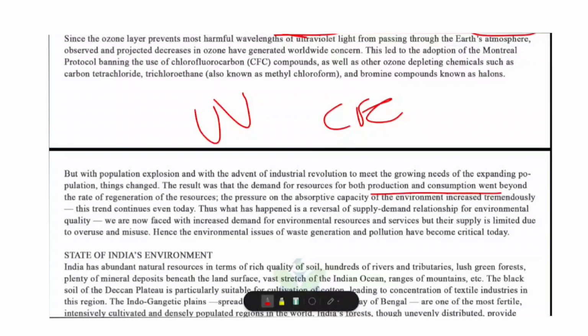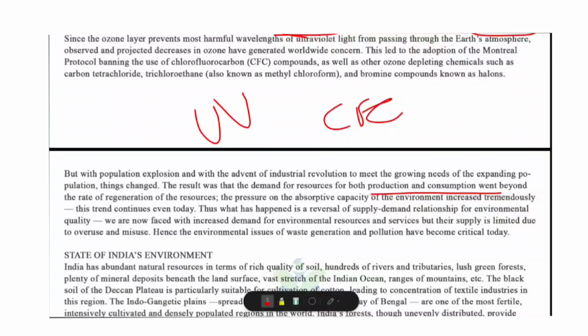What happened? The demand for resources exceeded the natural regeneration rate of these resources. The absorptive capacity of the environment was overwhelmed, meaning it could no longer handle the waste and pollution generated. And even today, this trend continues. What has happened is a reversal of the supply-demand relationship for environmental quality.